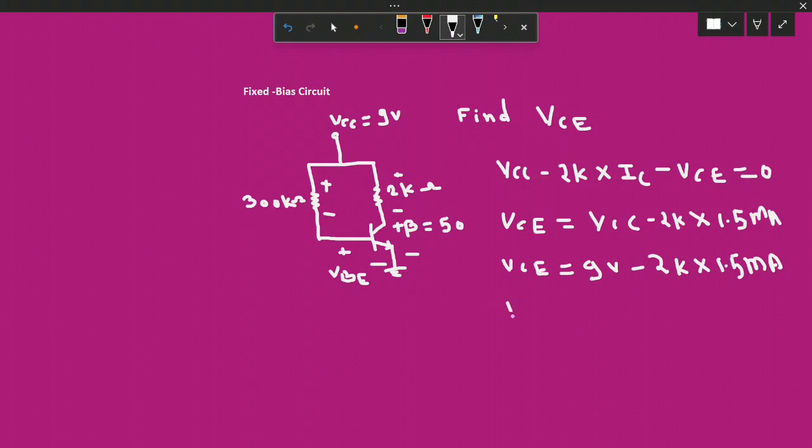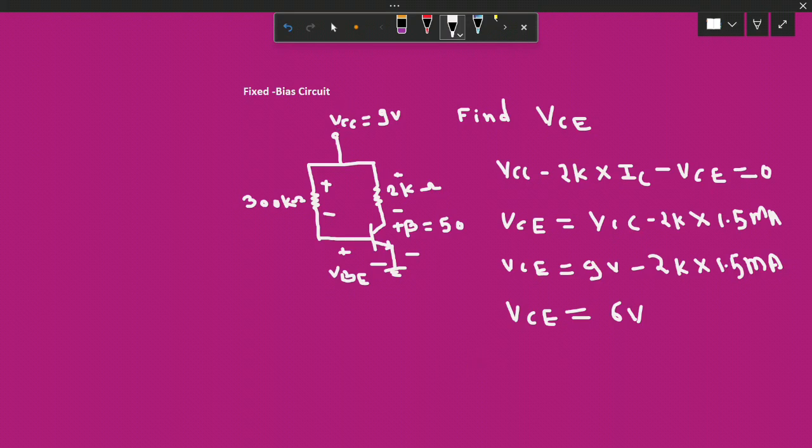So after solving, which is equal to 6 volt. So after solving this equation, we are getting VCE is equal to 6 volt.